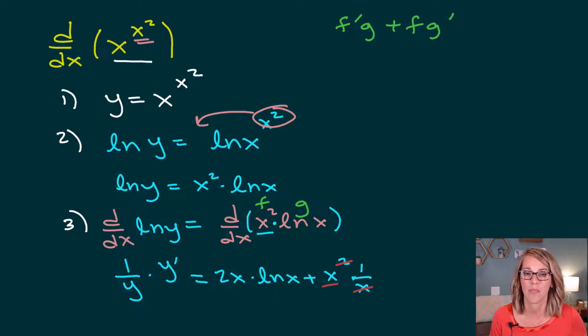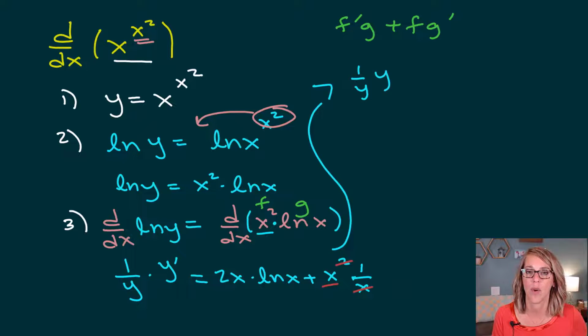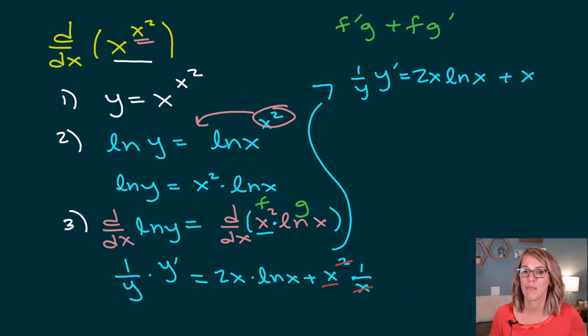Let's rewrite what we've got before we go on to our next step. So we've got 1 over y times y prime is equal to 2x natural log x plus x. Next, I need to multiply both sides by y. I'm solving for y prime. So we can call this step number 4. We want to solve for y prime.